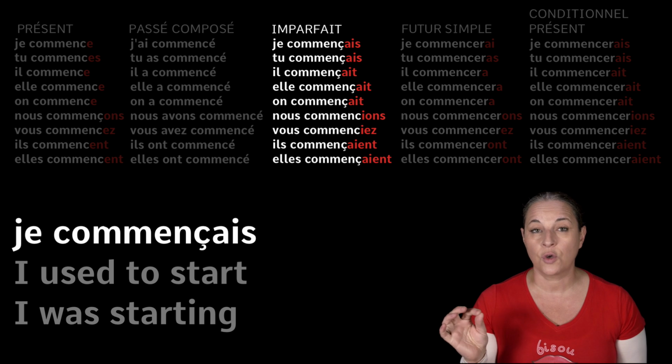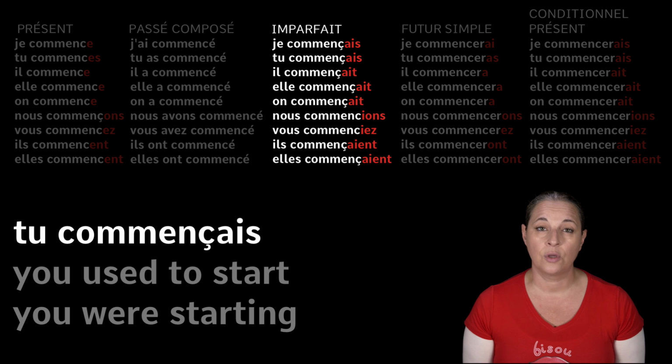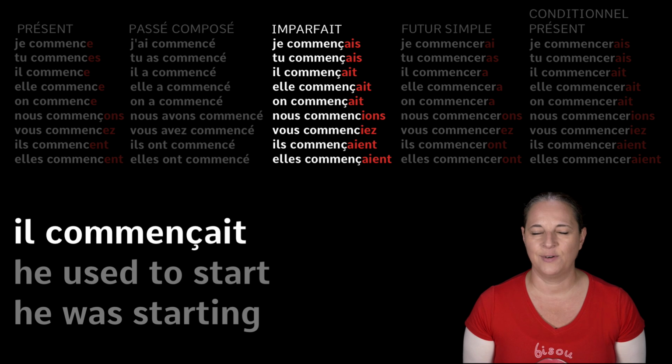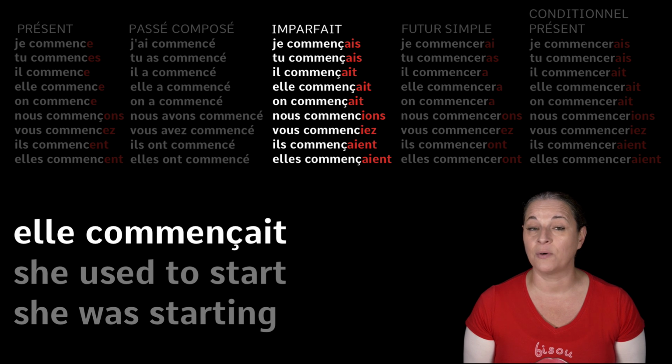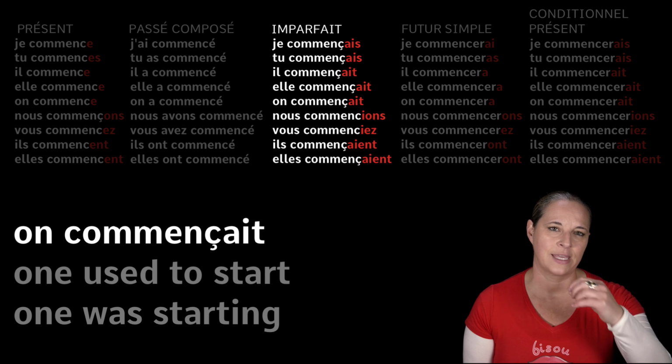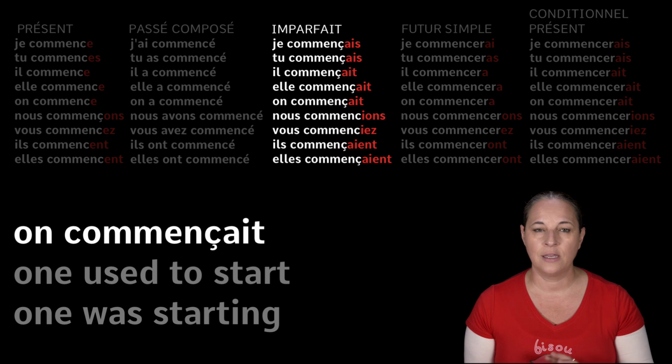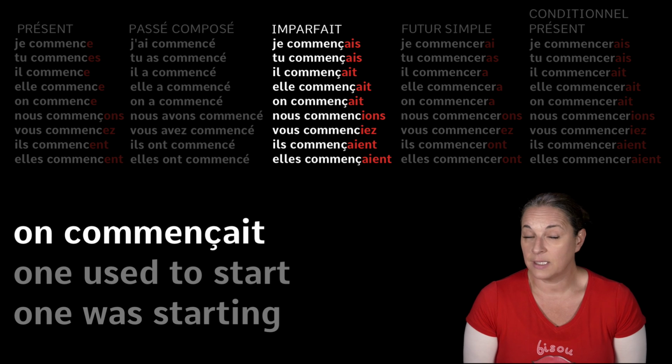So, je commençais, I used to start. I was starting. Tu commençais, you were starting, you used to start. Il commençait, well done. Elle commençait, on commençait, so he, she, and one used to start or was starting. That's quite easy.